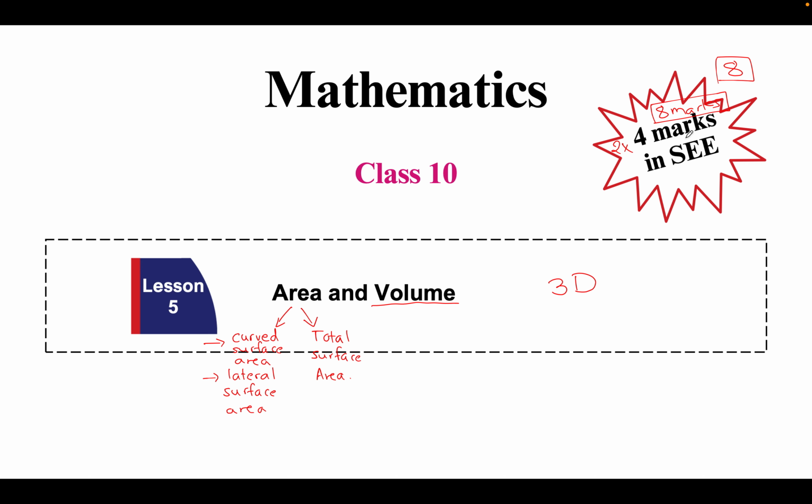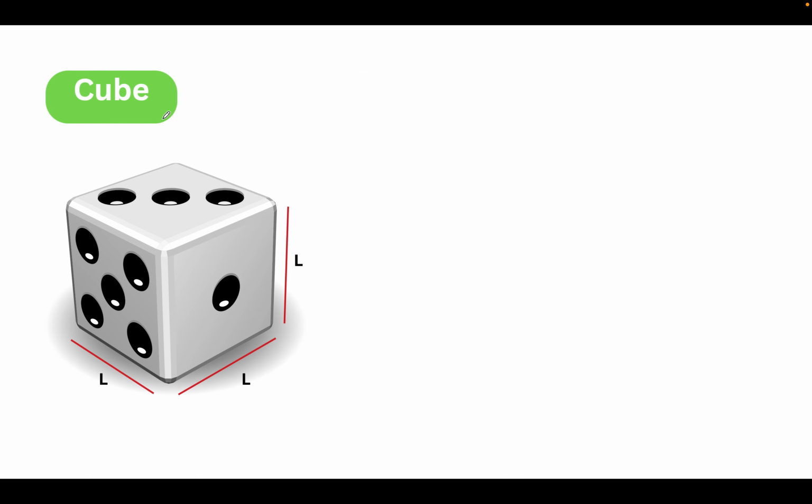Now let's start the 3D objects. Here we have cube as the first object. You might know about cube from dice or pot chakka. Here each cube has 6 faces.